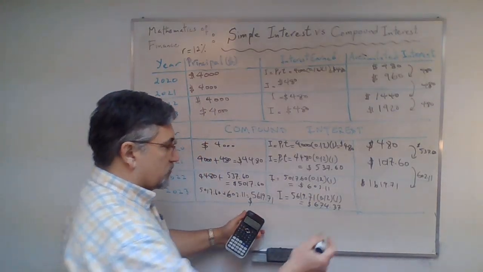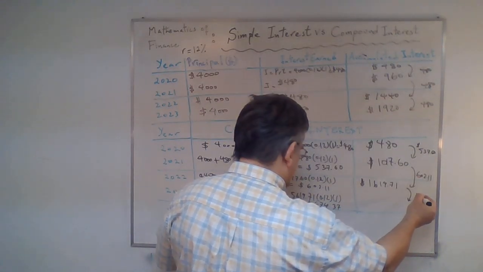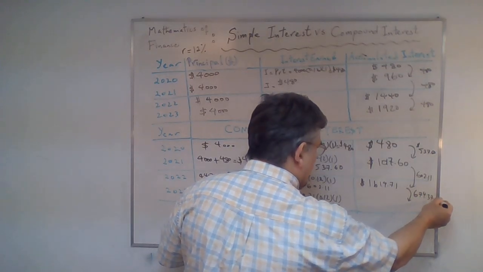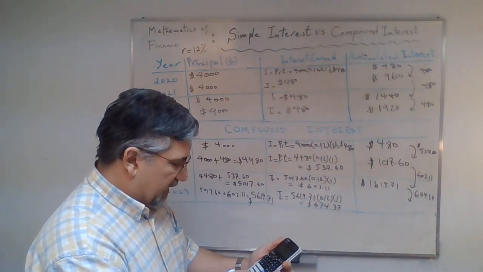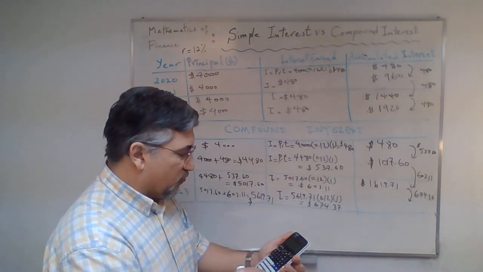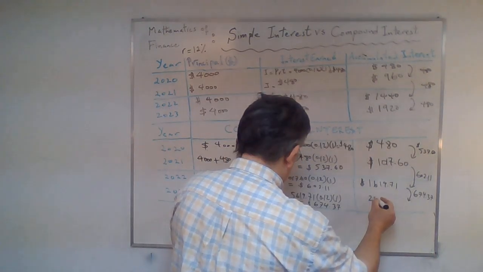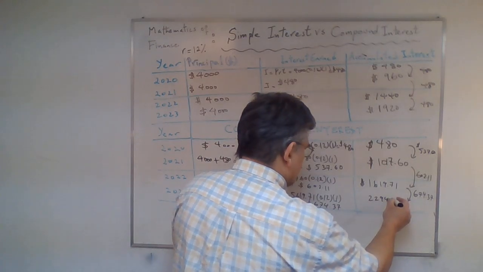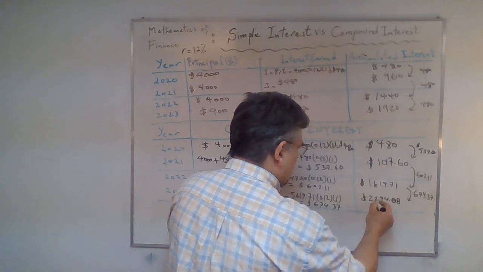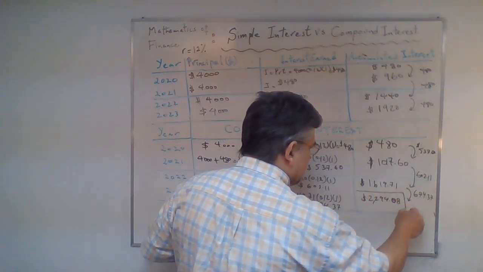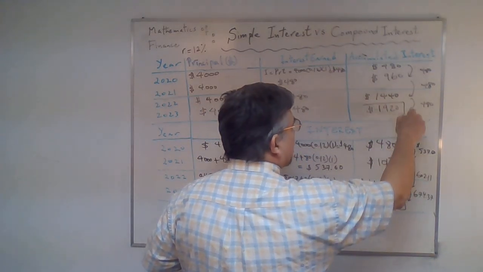So this has to be added to the previous interest we had received. So if I add this with 1,619.71 I have before, now we have $2,294.08.